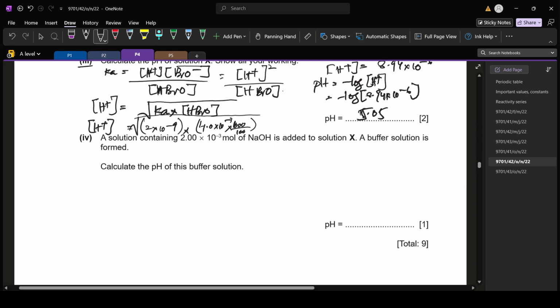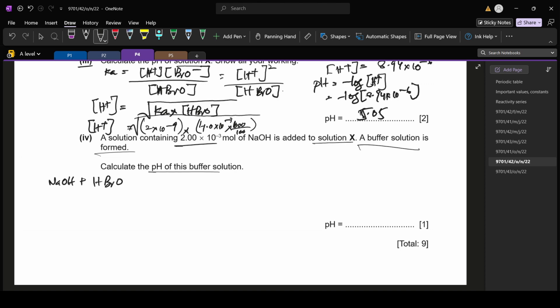Now the solution containing 2 into 10 to the power minus 3 mole of NaOH is added to solution X. Okay, so a buffer solution is formed. Calculate the pH of this buffer solution. So when NaOH is added to HBrO, this solution X contains HBrO, so it will form NaBrO plus H2O.